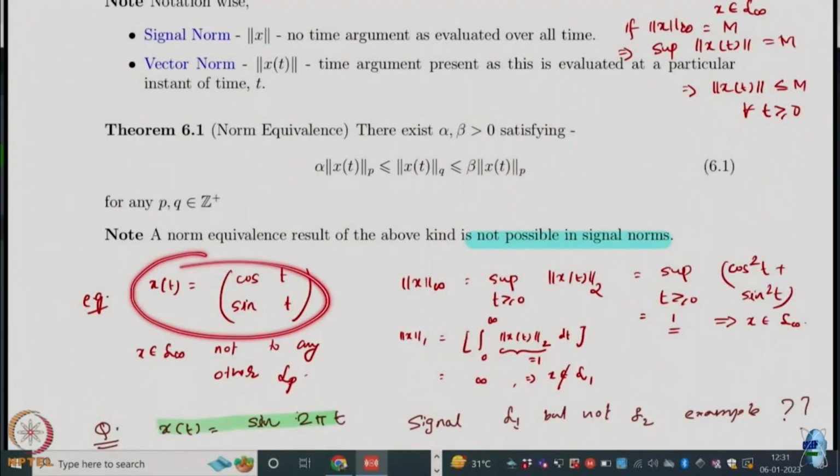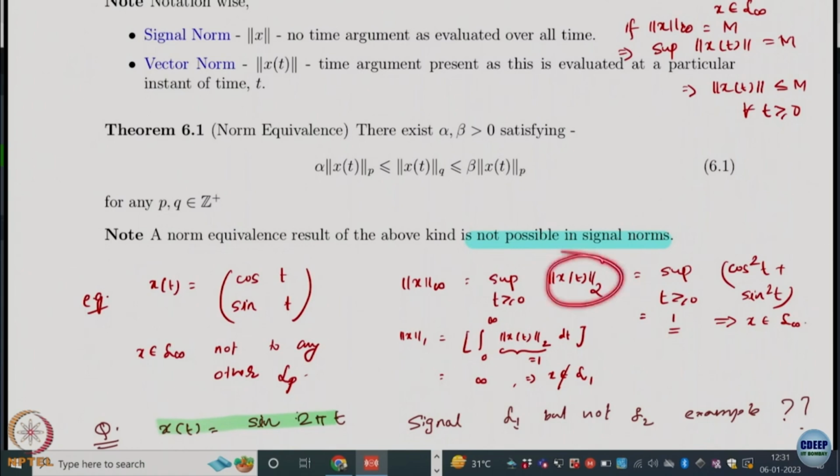A very simple example is this signal. I use the 2 vector norm, because I know that it is easy. The 2 vector norm of x(t) is just 1, because it is the square root of cos squared t plus sin squared t, which is 1.